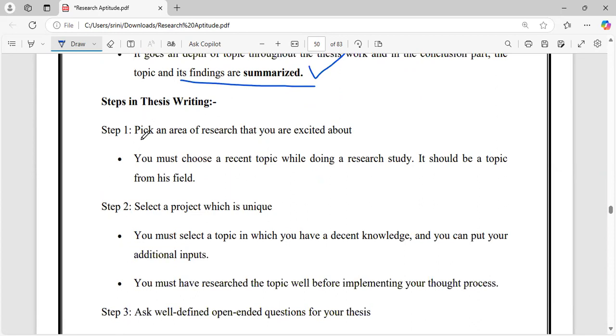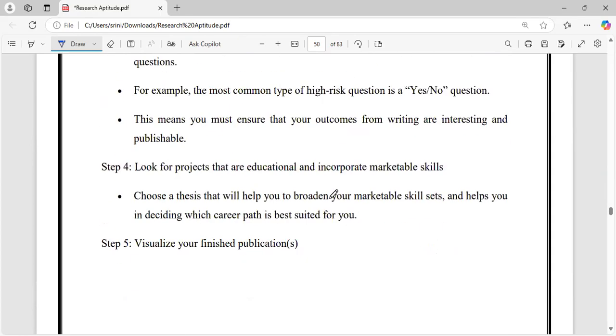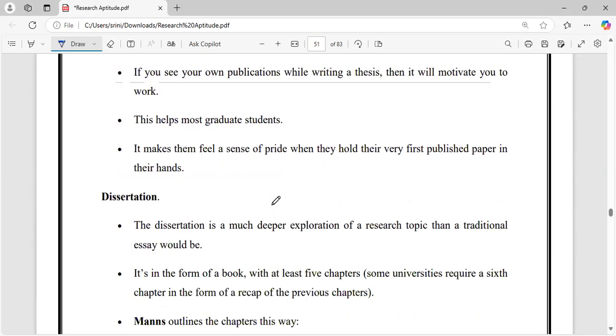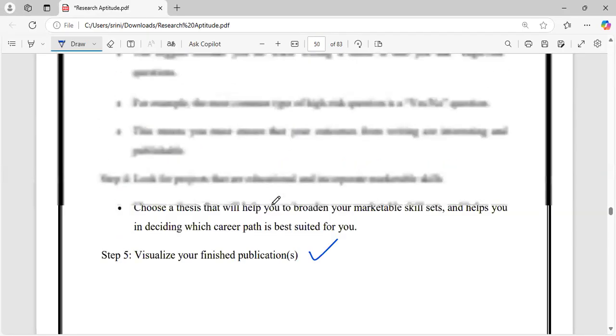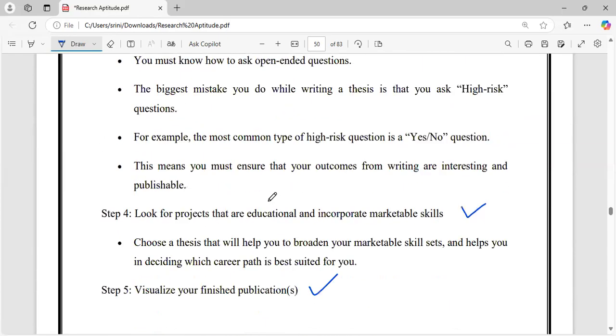Pick an area of research that we are excited about. Okay, and then select a project which is unique, with well-defined, open-ended questions for your thesis. Then look for projects that are educational and incorporate marketable skills. Visualize your finished publications and deck. These are the steps to write a thesis.